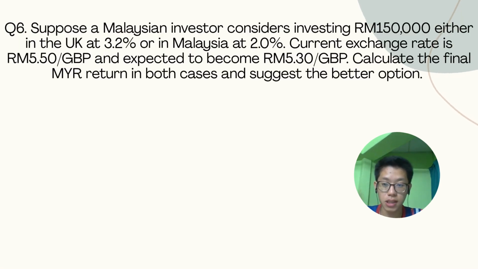Based on the hypothesis in this question, I calculate the British pound amount is 27,272.73 pounds. When I get the British pounds and invest in Britain, I will get 28,145.45 pounds.